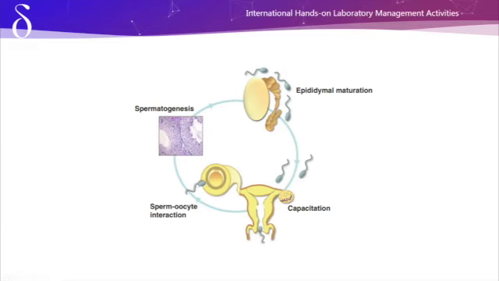There are many molecules. We don't know from the semen analysis about the integrity of the DNA that is transmitted to the oocytes, and there are many other problems that may occur later on in the female genital tract that not necessarily support the capacitation of spermatozoa.